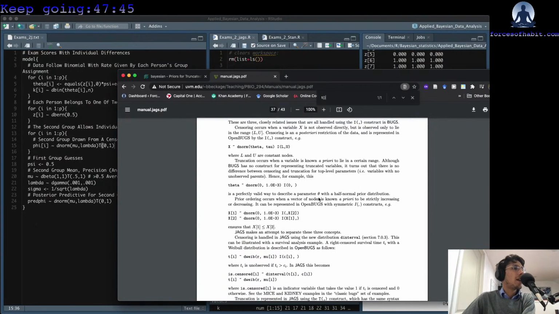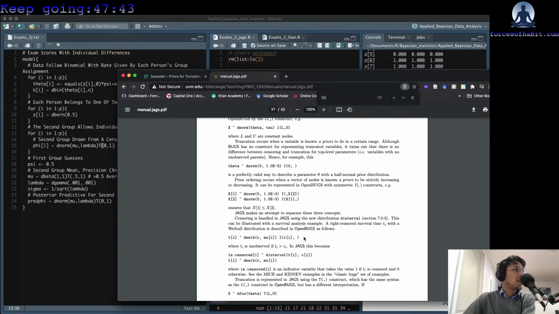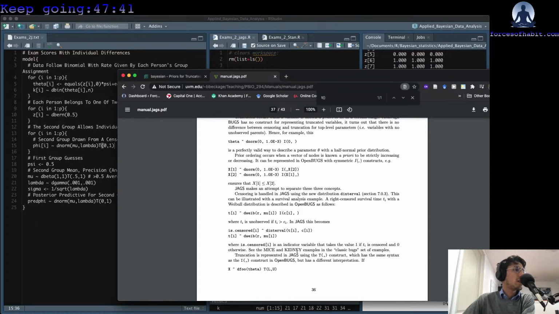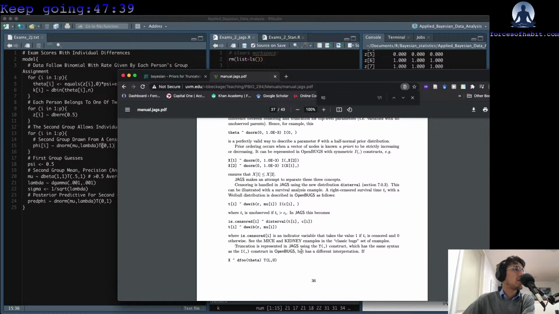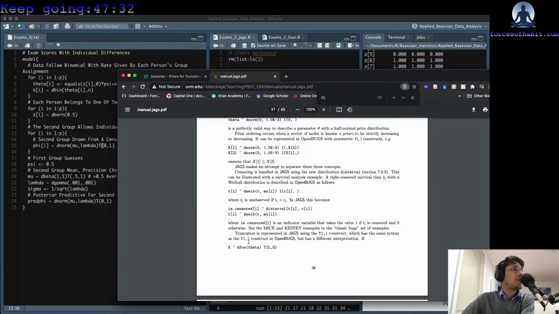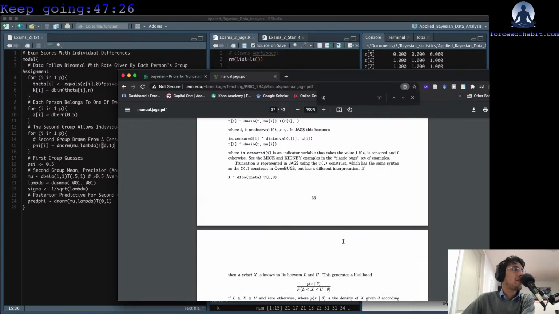There we go. We have I. Here we go. Truncation is represented in JAGS using T, which has the same syntax as I, but has a different interpretation.